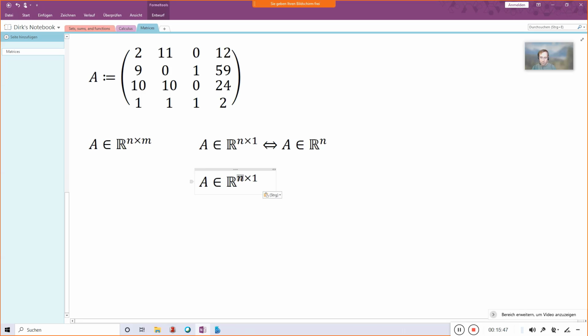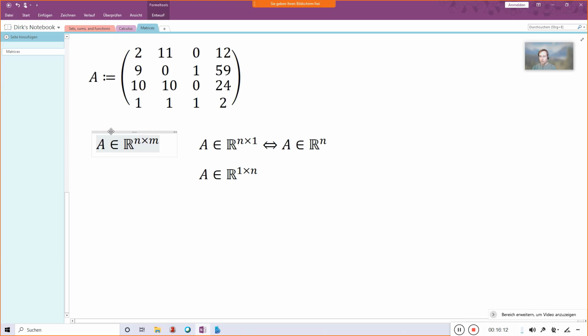Because this notation always refers to column vectors, this thing is just a single row of values. It's a matrix with a single row, but this does not correspond to this, because this is a column vector. This is essential.